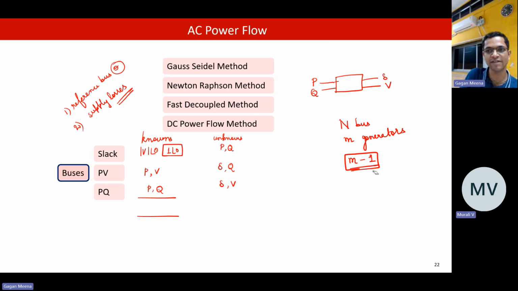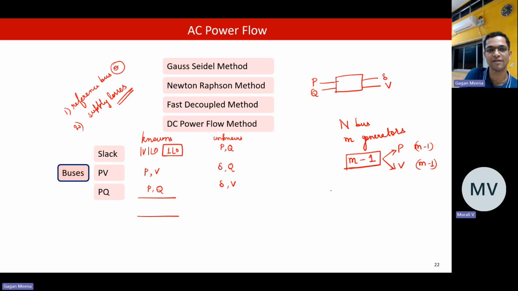First, for M minus one, what are the knowns? Generator bus knowns are P and voltage, so M minus one P and M minus one V values we know. This is for the PV bus.